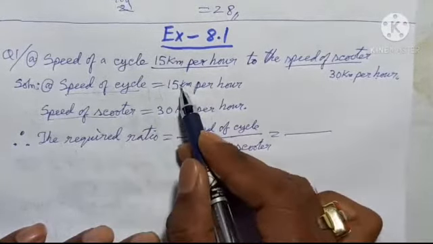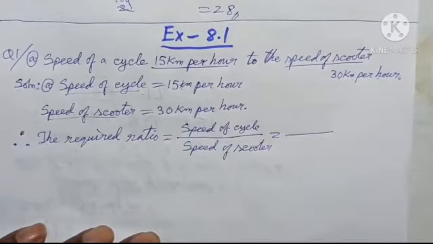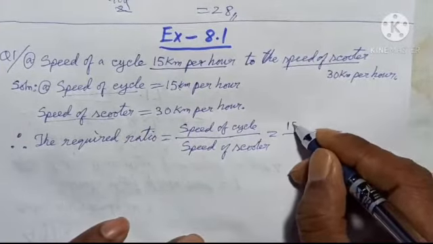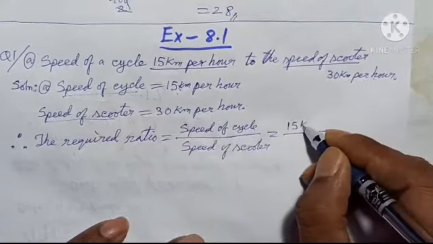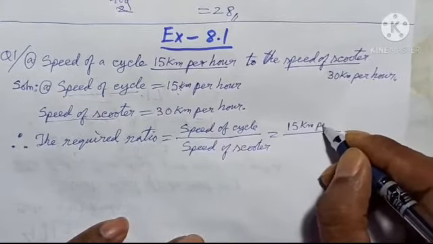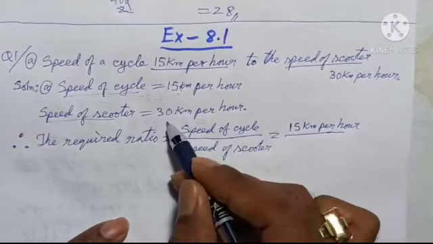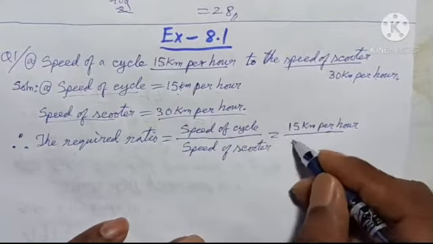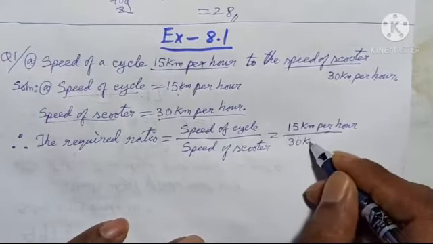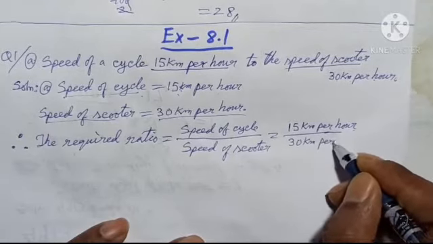Speed of cycle is 15 km per hour. Next, speed of scooter is 30 km per hour.